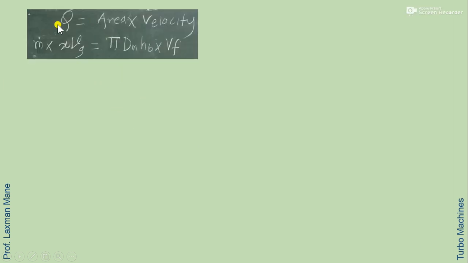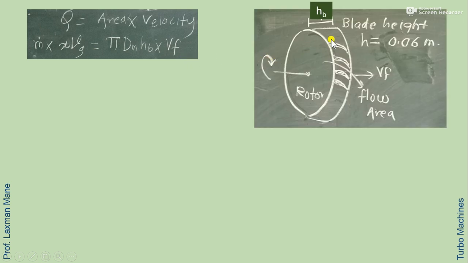After that, using the concept of volume flow rate, formula m dot into x into Vg is equal to pi into dh into Vf. Now here blade height is given 6 centimeter.